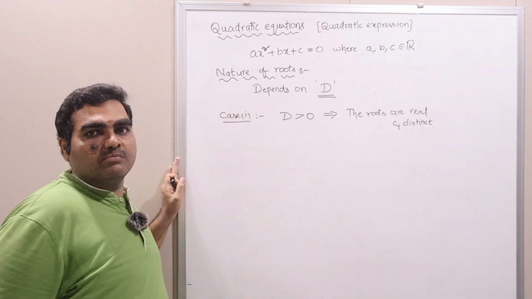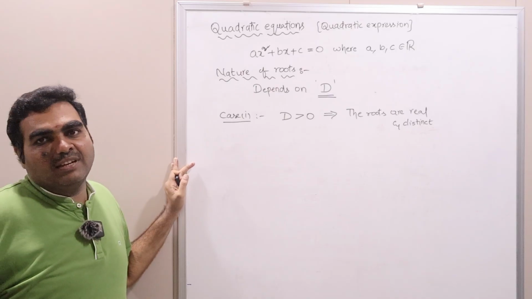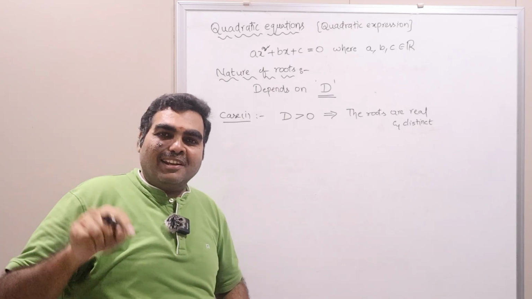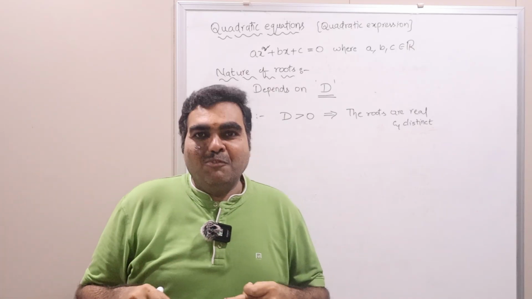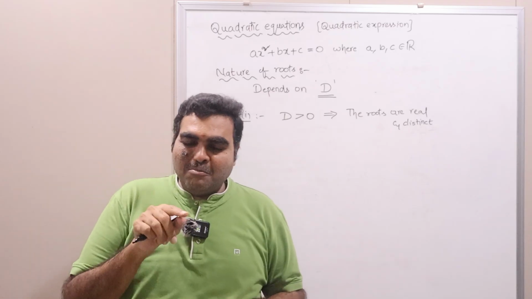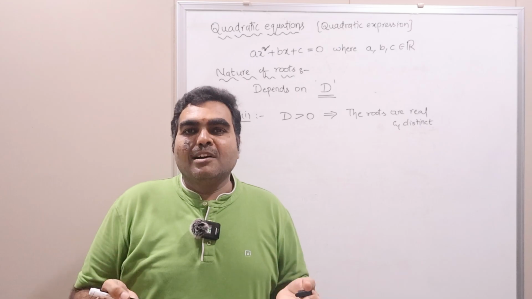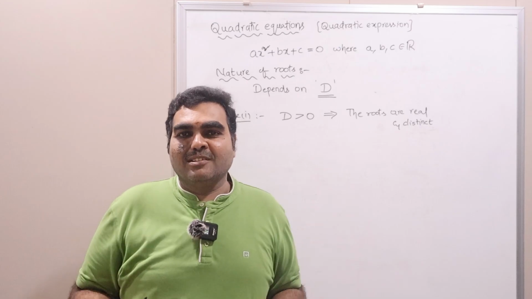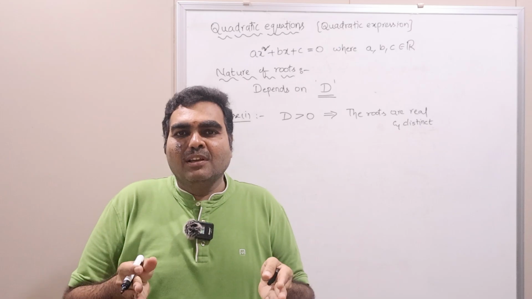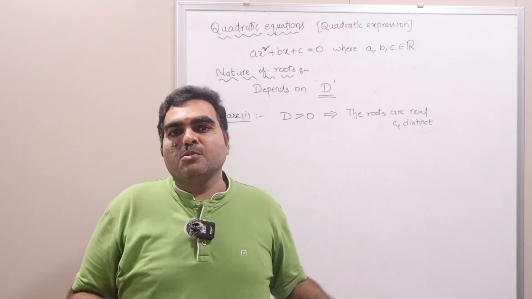A few minutes ago we discussed that the number of roots and the number of solutions will be the same. Why? Because the roots are real and distinct. If you have distinct roots, the number of roots will be equal to the number of solutions, right?